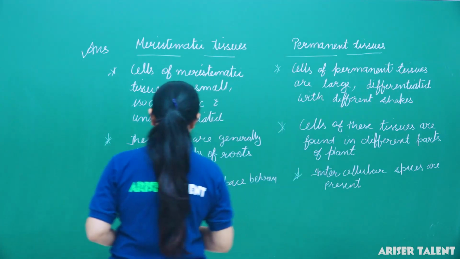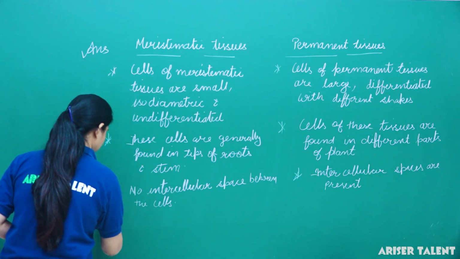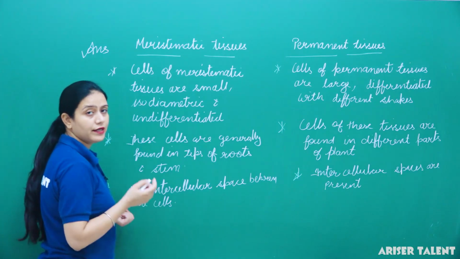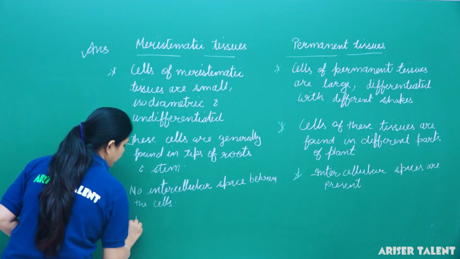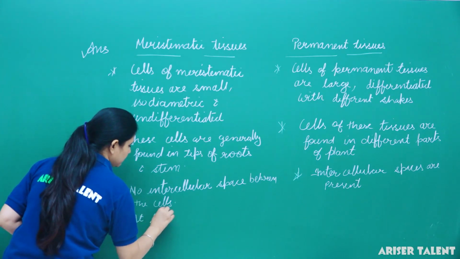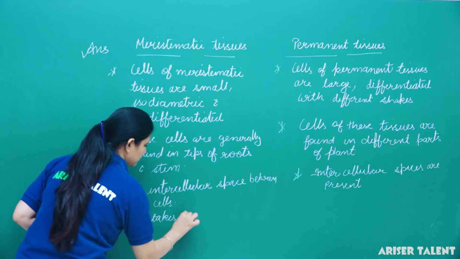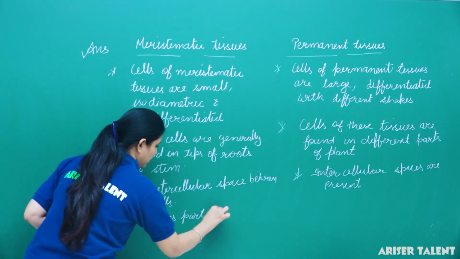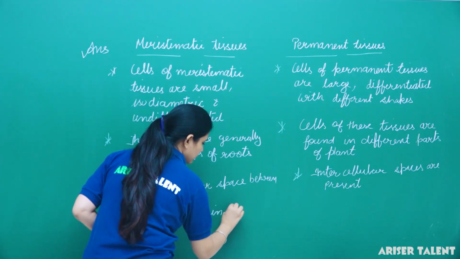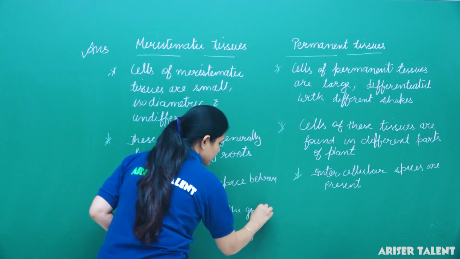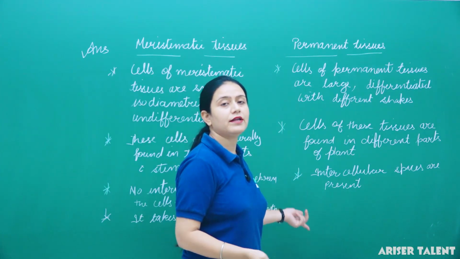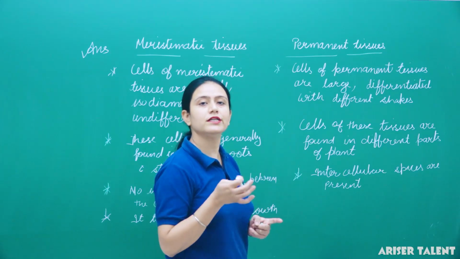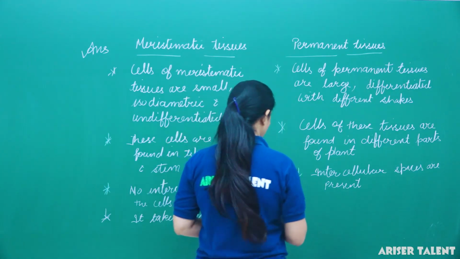Then meristematic tissues take part in the growth of the plant, and these permanent tissues take part in photosynthesis, transportation and storage of material. Clear?